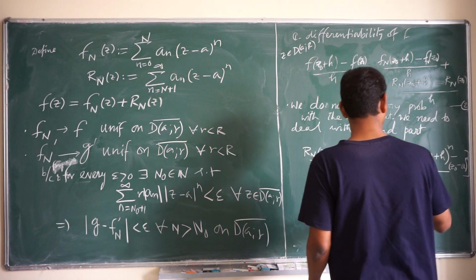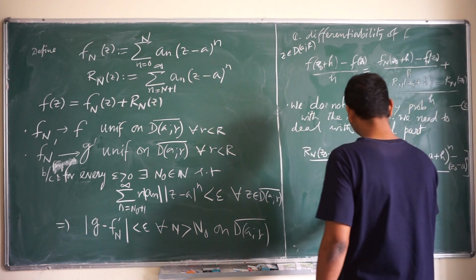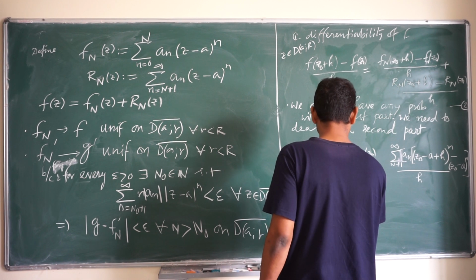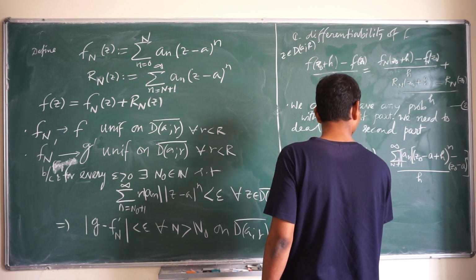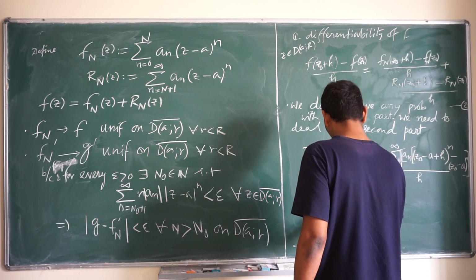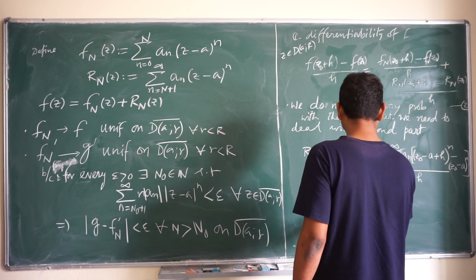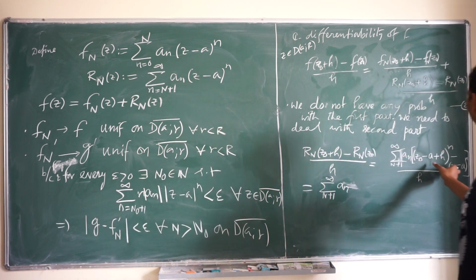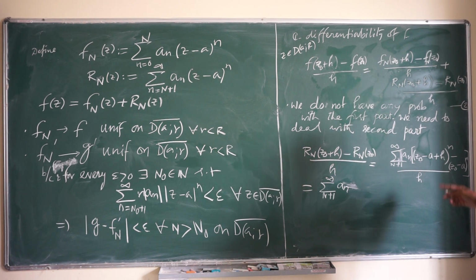Now this one you expand binomially. So you see the (z0 minus a) to the power n term gets cancelled, and all other terms will have some part of h in it.